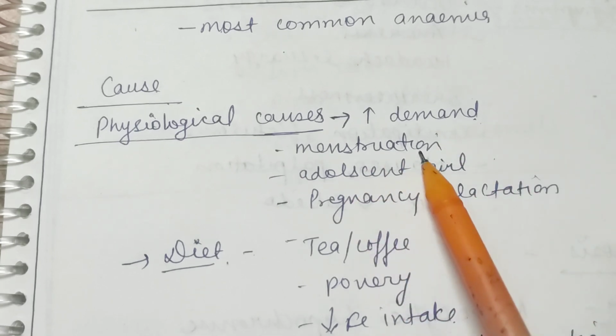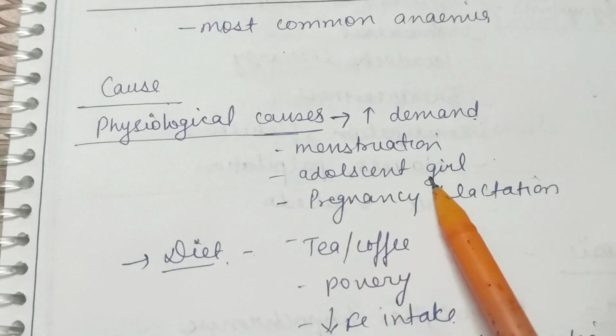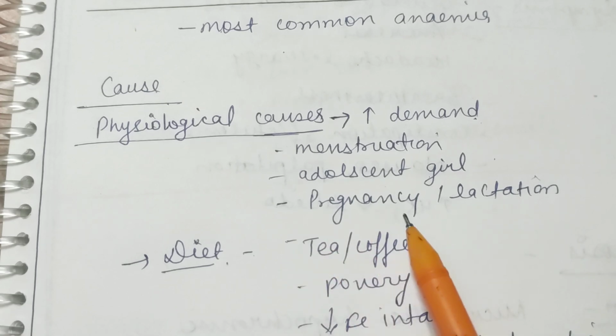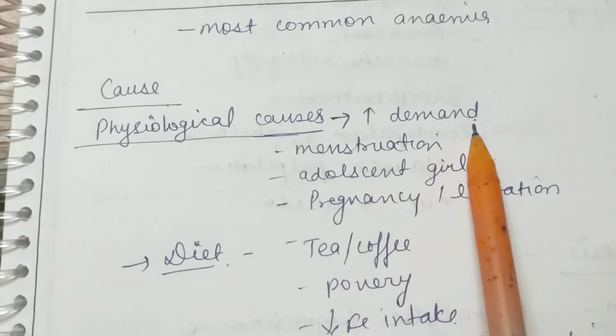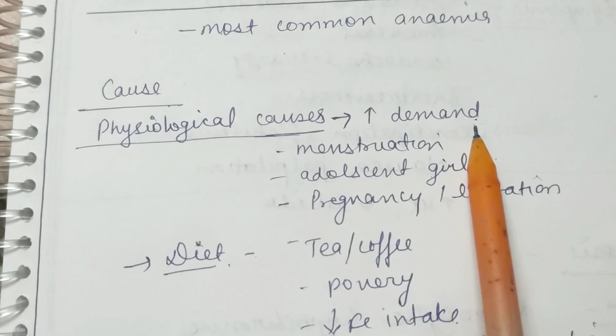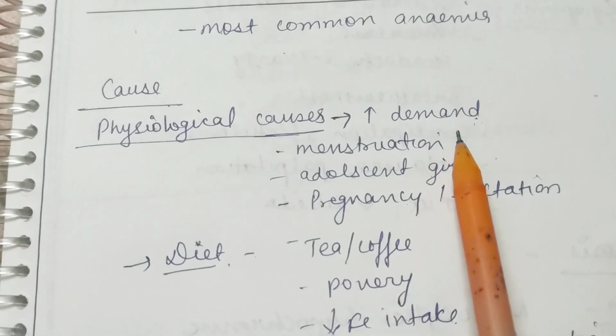For example, during menstruation, because of blood loss, demand is increased. During growth periods of any adolescent, for example a girl, during puberty, during pregnancy, okay, and lactation. So these are some conditions when demand increases and intake is normal, which we didn't increase during these periods. So in that scenario, high demand.